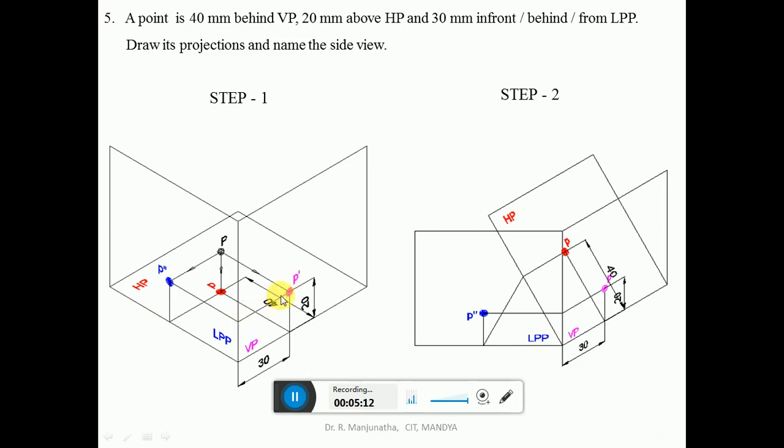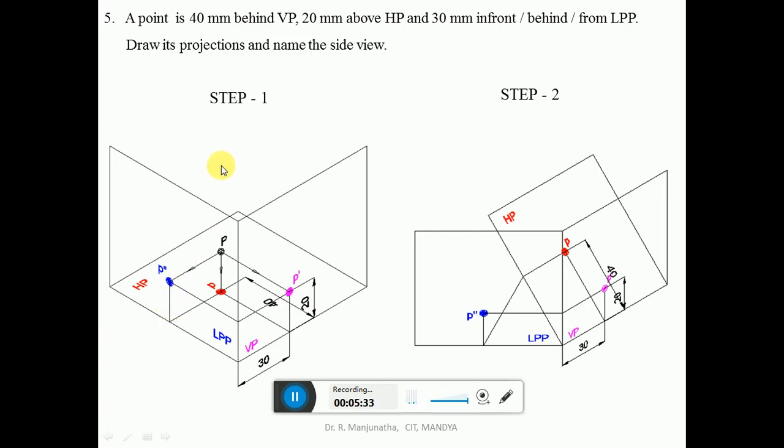So this is how we will be able to analyze the problem. And when you see from the left side view, we can see the above HP distance, which can be seen in the vertical plane, in the sense that when we look from the left side view, we can see the front view distance.